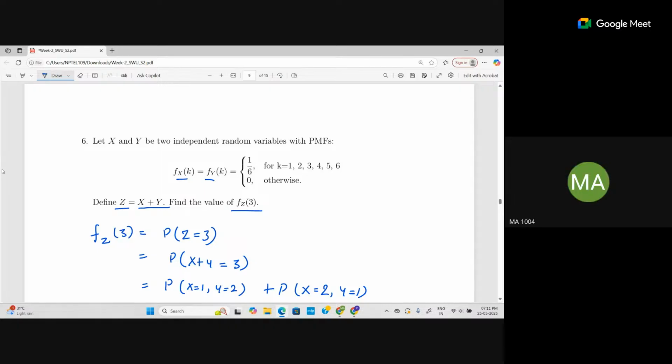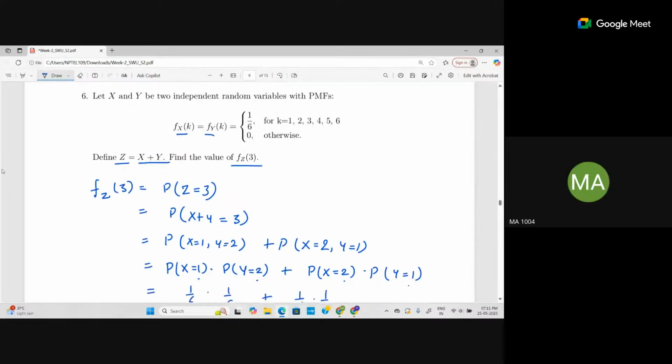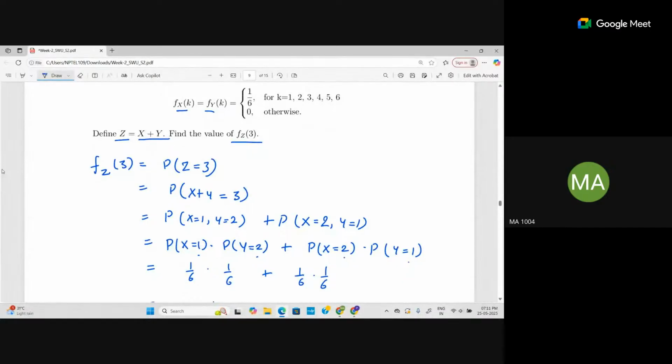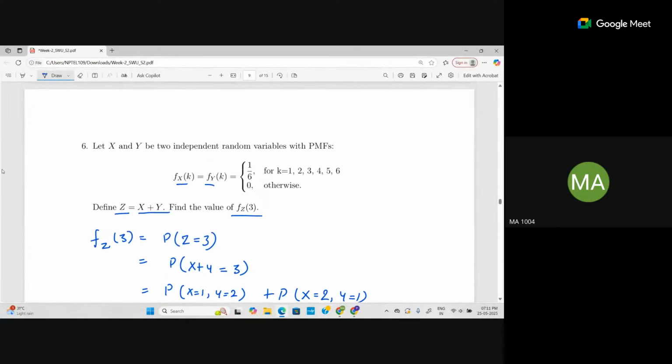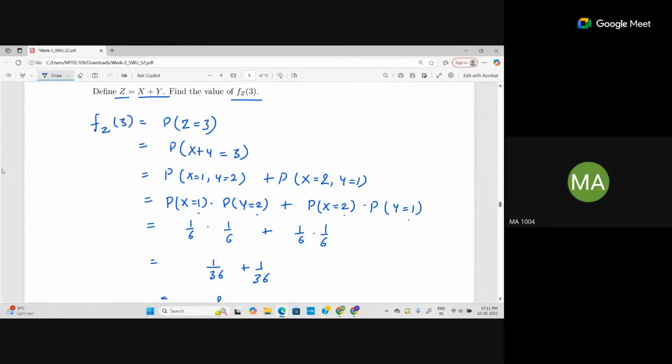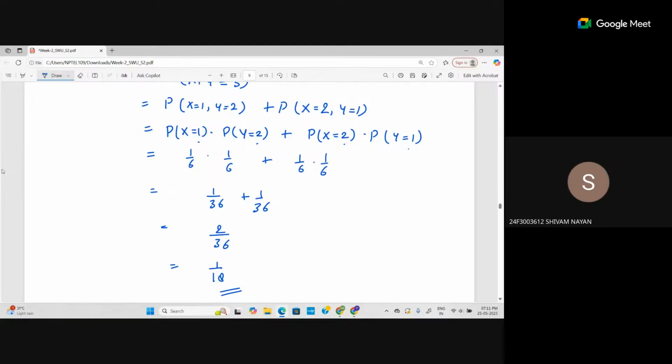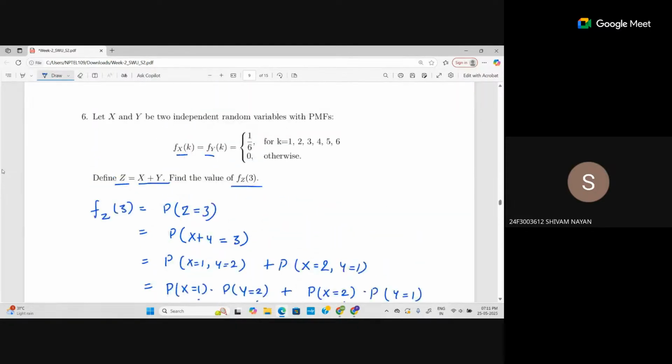If x and y are 0, then the sum cannot be 3, because x and y are not taking the value 0. We have to take only those cases when x plus y will be equal to 3. Here 0 is a probability, not a random variable. Yes, this is the probability, or we can say PMF.